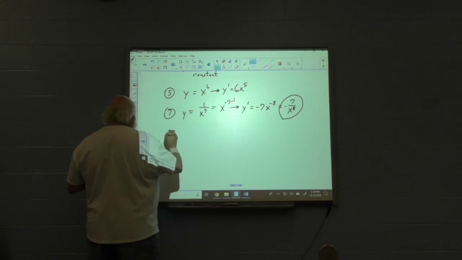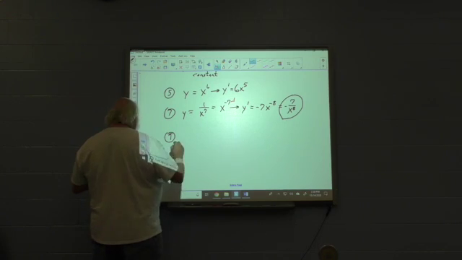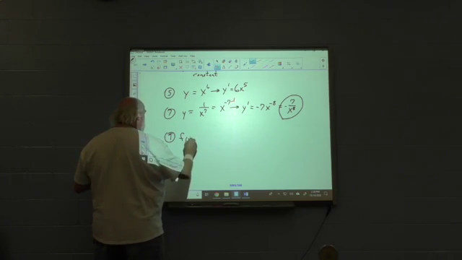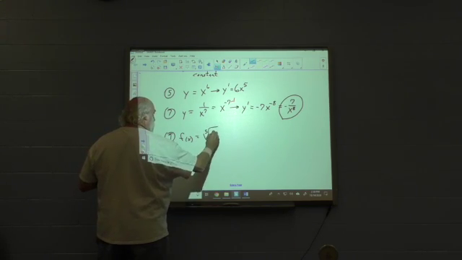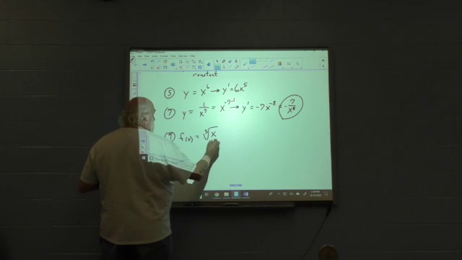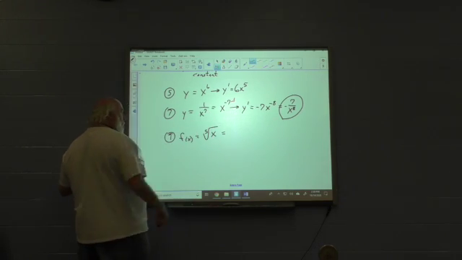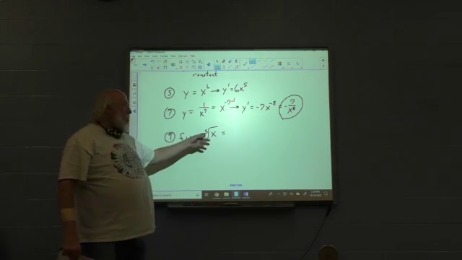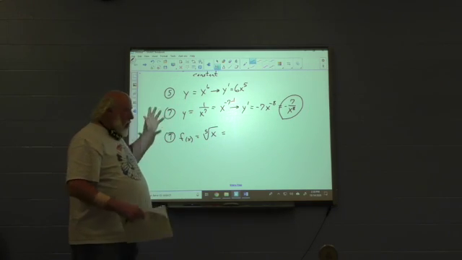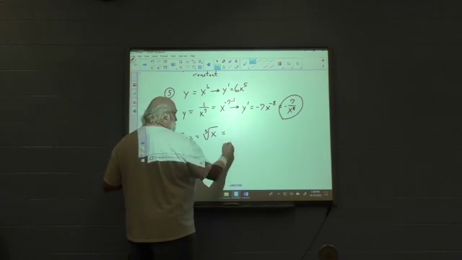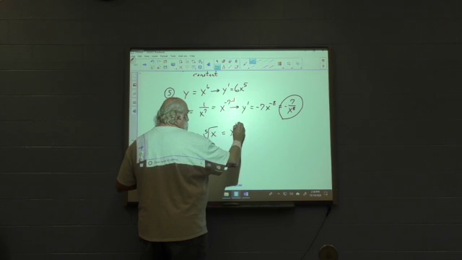Number 9, we have f of x is equal to the 5th root of x. And we're going to rewrite this in terms of exponents like we have here. Well, what exponent does 5th root mean? Most of you probably know this as being 1/5. So this is x to the 1/5 power.